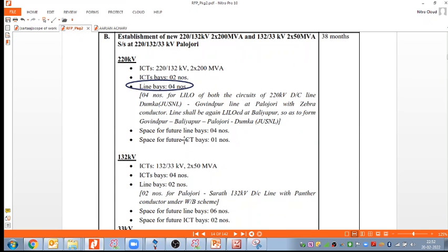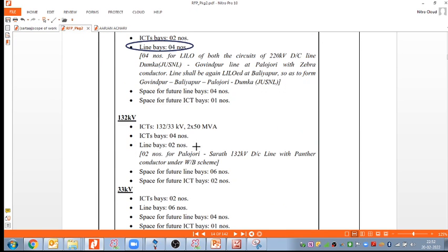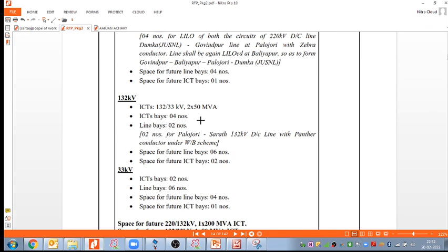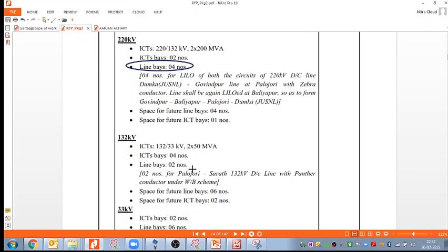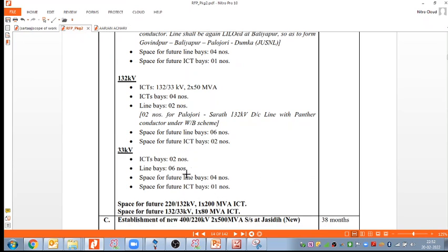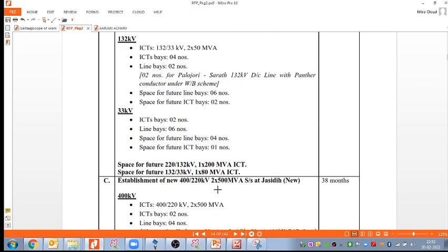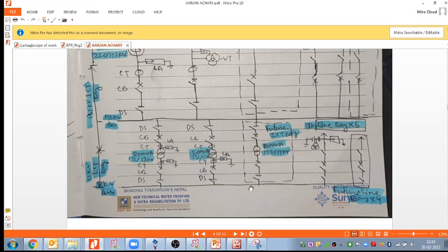Right now as per this it is 50, but for the future they have asked 80 MVA. Down after 33 kV there is written 132 by 33 kV, 1 into 80 MVA for future, sir. Okay, right. So 80 MVA future. Okay, that is the 33 kV bus.